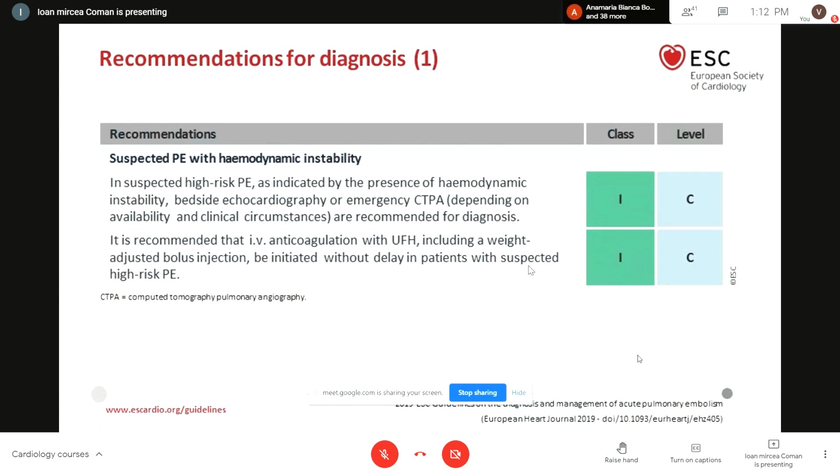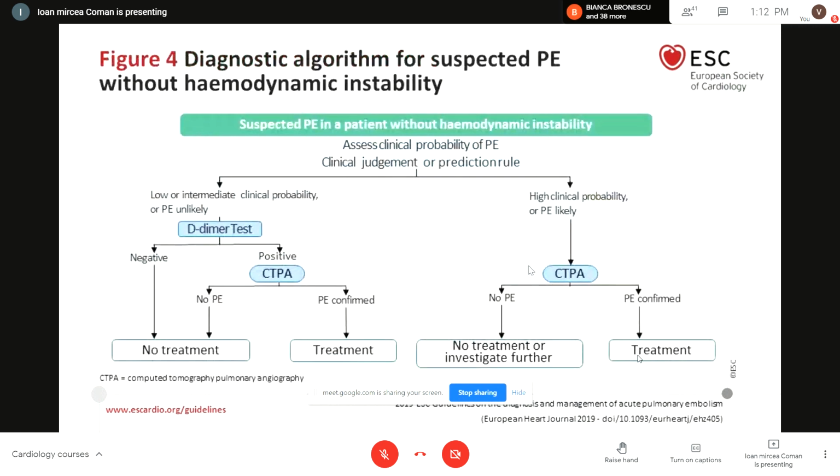Okay, it's what we just discussed. And this is a synthesis of what we should do in the different situations.